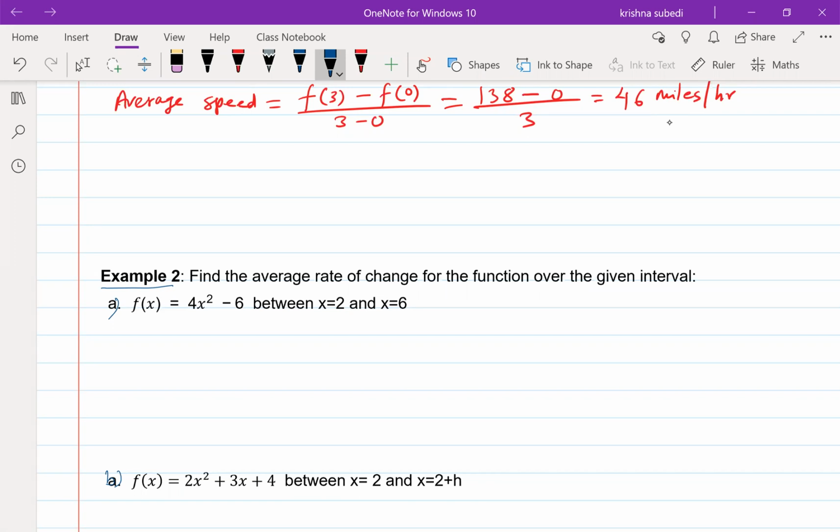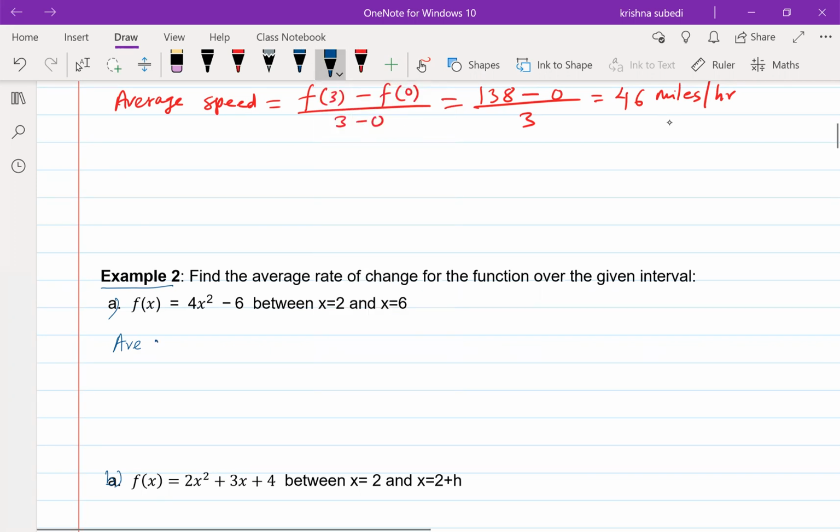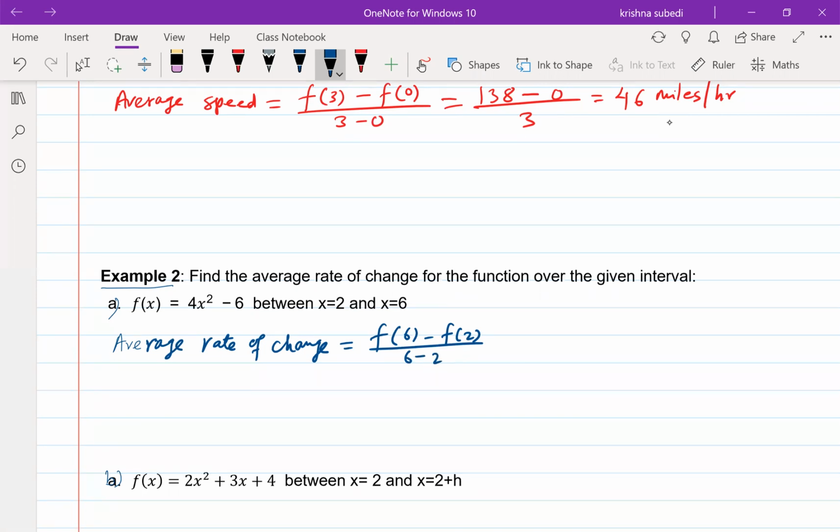Again, we know that the formula for average rate of change is f of 6 minus f of 2 over 6 minus 2. Let us calculate what f of 6 is.